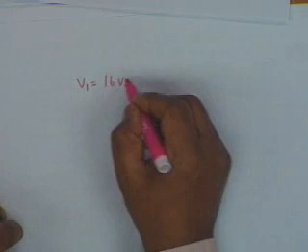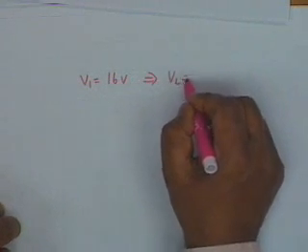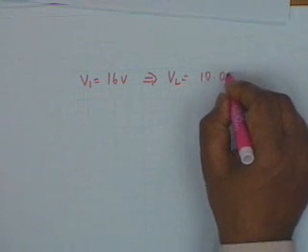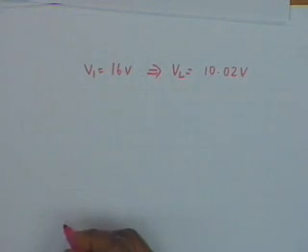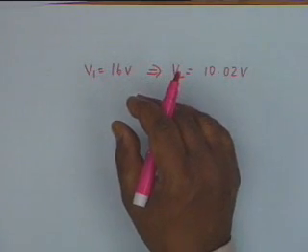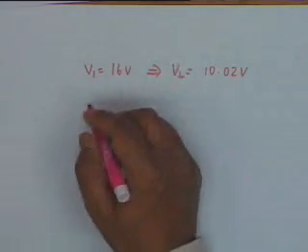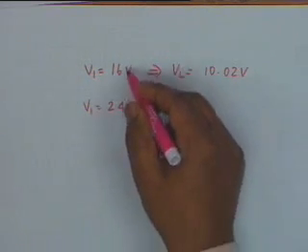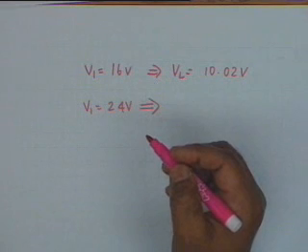For example, suppose V1 is 16 volt. This gives you VL equal to, I have calculated this, 10.02 volt. If V1 now increases, the DC voltage increases by 50%, which means that V1 equal to 24 volt. From 16 to 24 is a 50% increase.